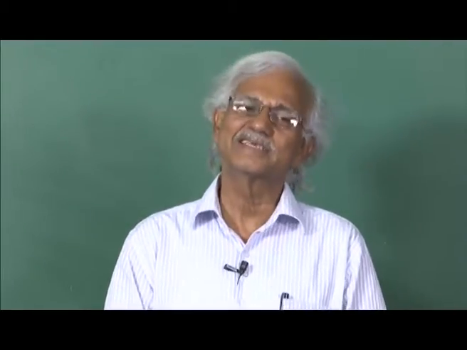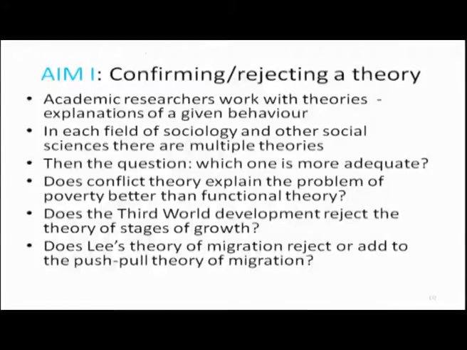Now let us look at some aims of researches: confirming, rejecting a social theory. Academic researchers work with theories, and at BA level, MA level you have all learnt about various kinds of theories.